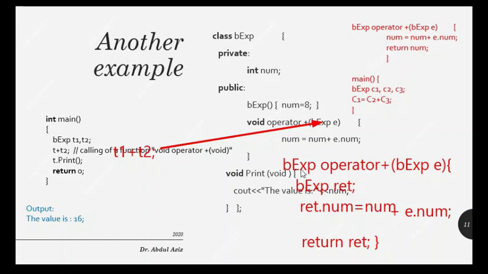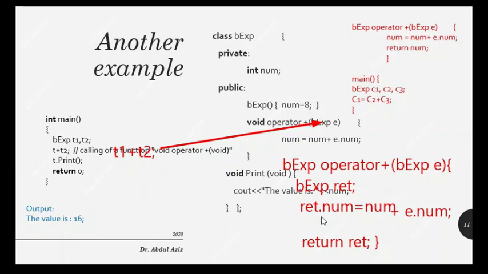Therefore the statement in main should look like this: c1 is equal to c2 plus c3, which means that this plus operator has been called with the reference of c2. Therefore we can easily access the variable: this dot num will refer to c2, plus we have c3 that is held by e, so e dot num will represent c3, and then the sum of these two integer values will be held in ret dot num.